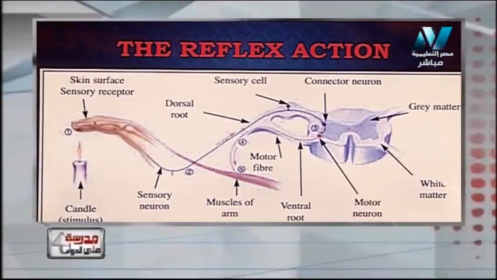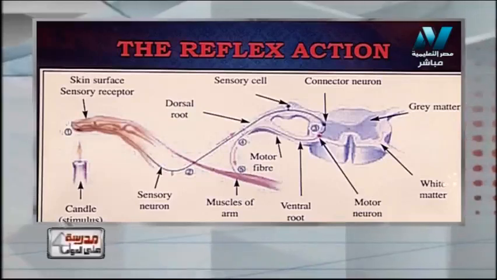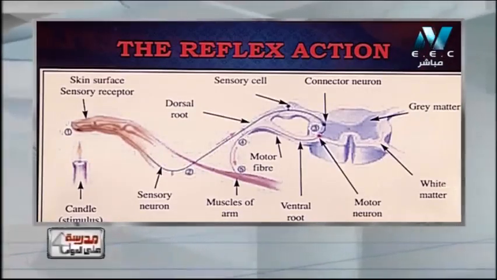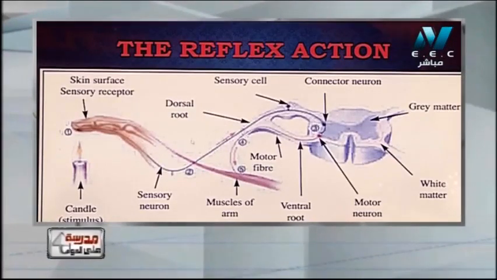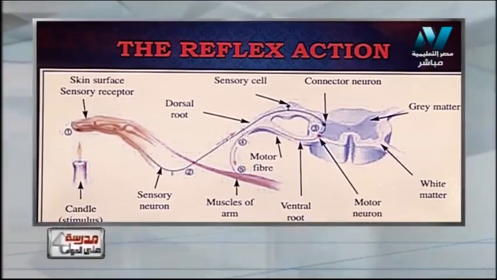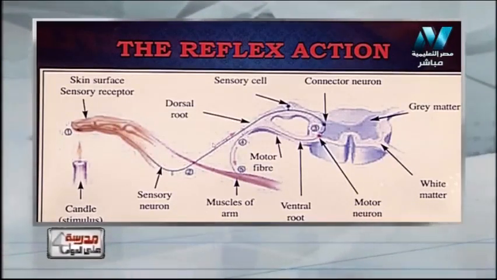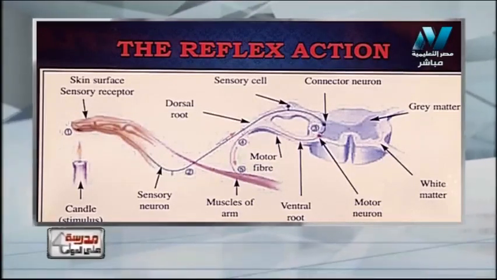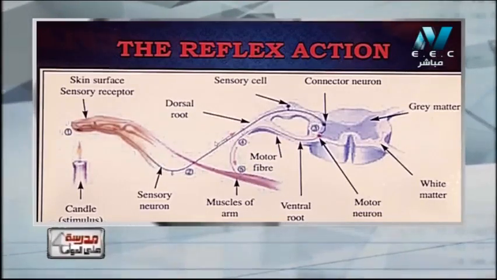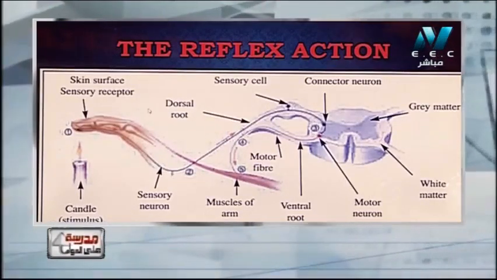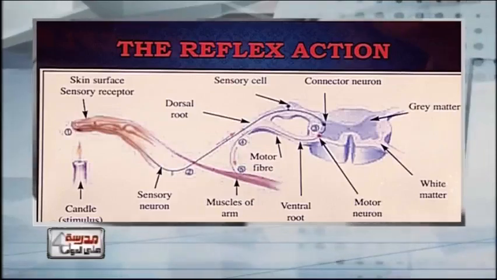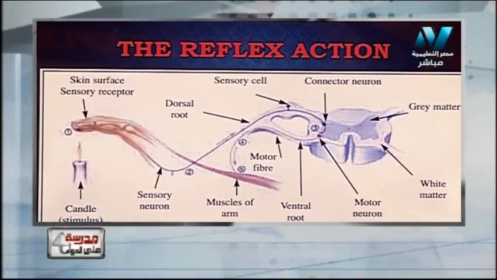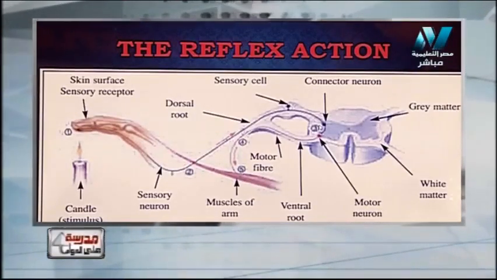The dorsal root contains the neurons that are sensory. So the nerve is a sensory nerve, containing sensory neurons. So it transmits impulses from the receptors spread all over the body to the spinal cord.